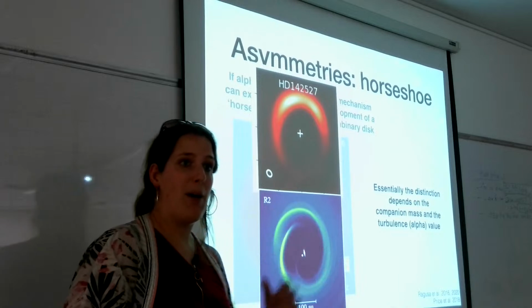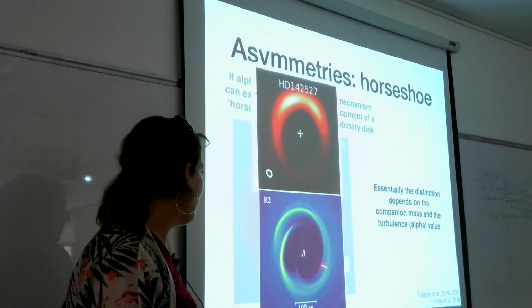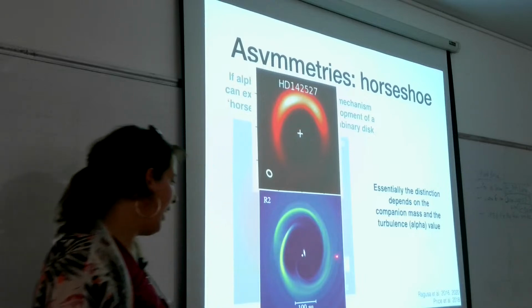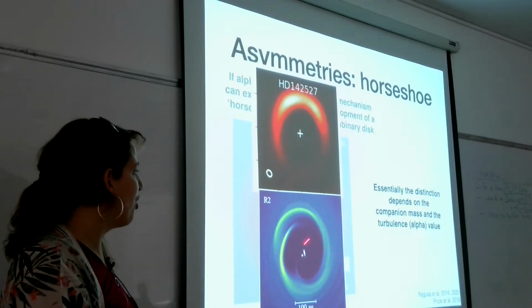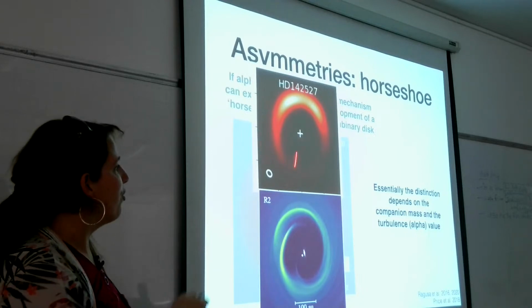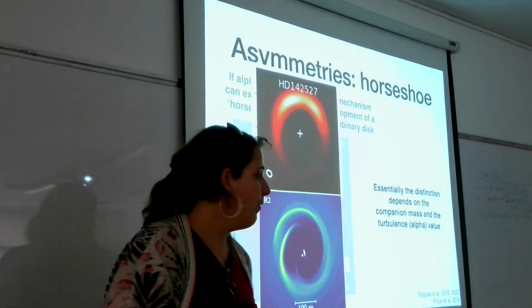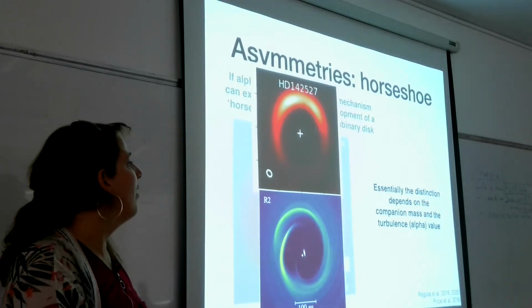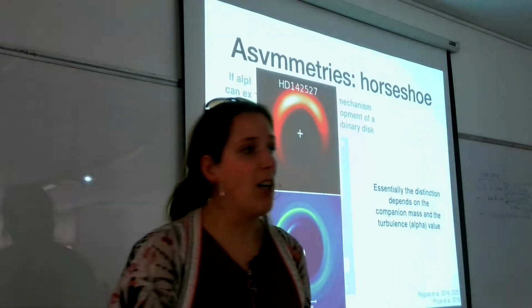It's known to have a binary companion at about 10 to 20 AU. This horseshoe is more like 150 AU. And simulations have shown that you can indeed reproduce this asymmetry in the system without the need for Rossby wave instability, without a low turbulence or alpha value.